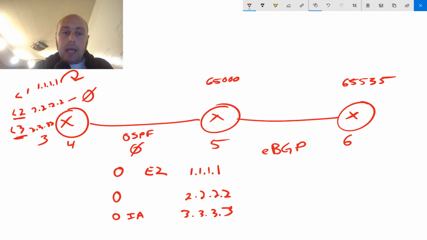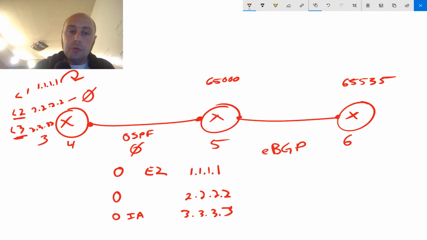So right now I have IP addresses configured between 4 and 5 and between 5 and 6, but I have not configured any protocols yet. So let's go ahead and configure the protocols, establish the loopbacks, make sure we have adjacencies, and then we'll take the next step by implementing BGP backdoor, making our prediction.